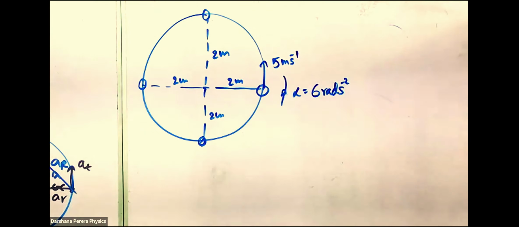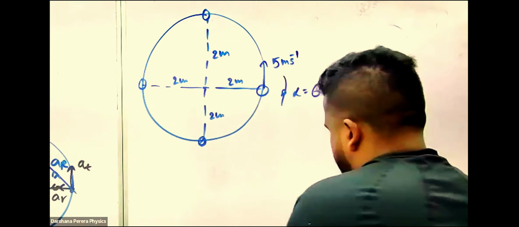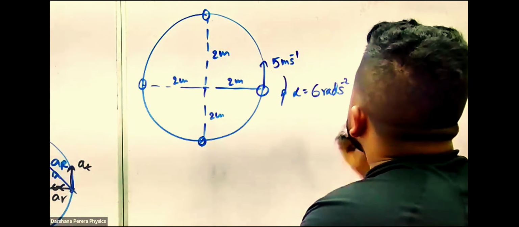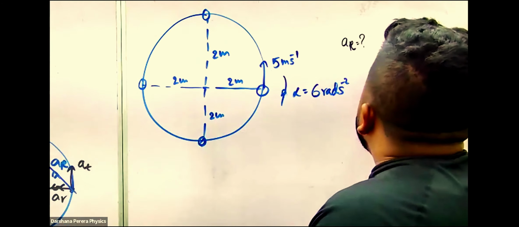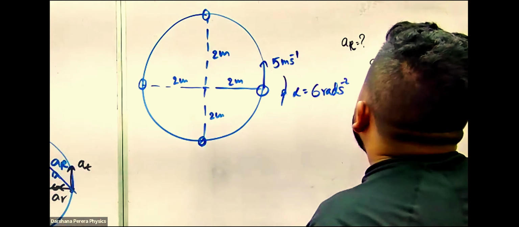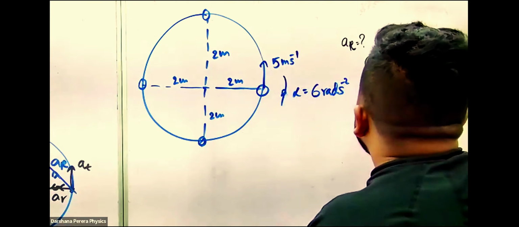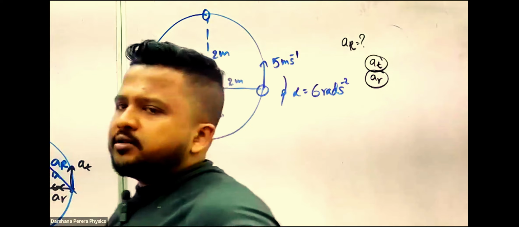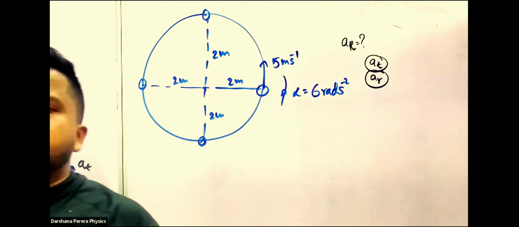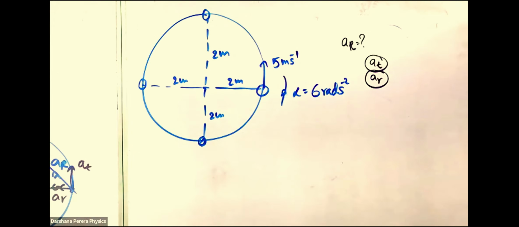In that case, we have to find the AR, capital AR. For that, we have to take AT, tangential acceleration, and AR, both of them, then get the vector summation, the resultant of that.